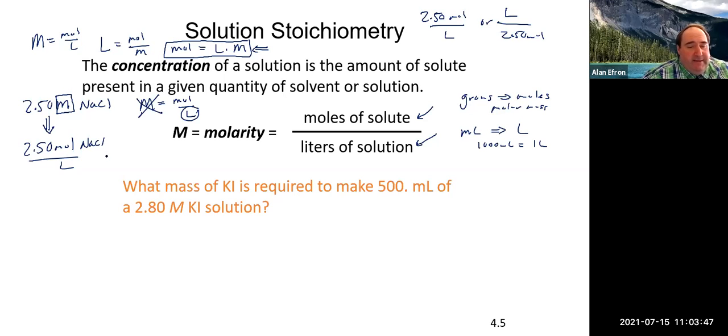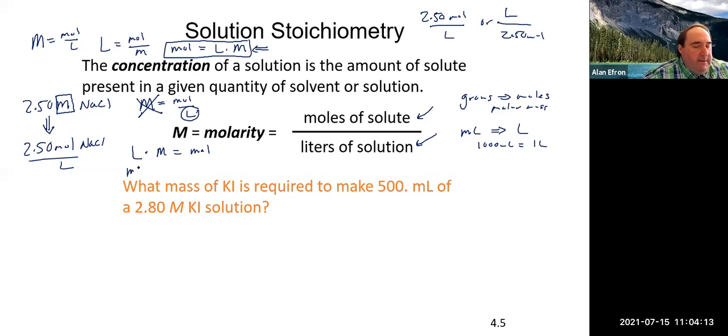Now, typically speaking, if you are trying to get to moles and you have the molarity and the volume, do you have to convert it to liters? And the answer is yes, because if you take liters times molarity, you do get moles.